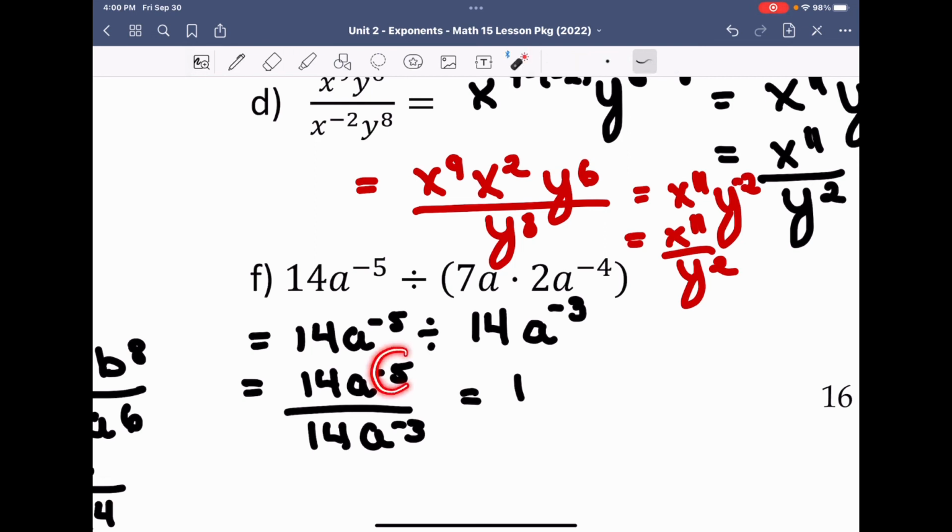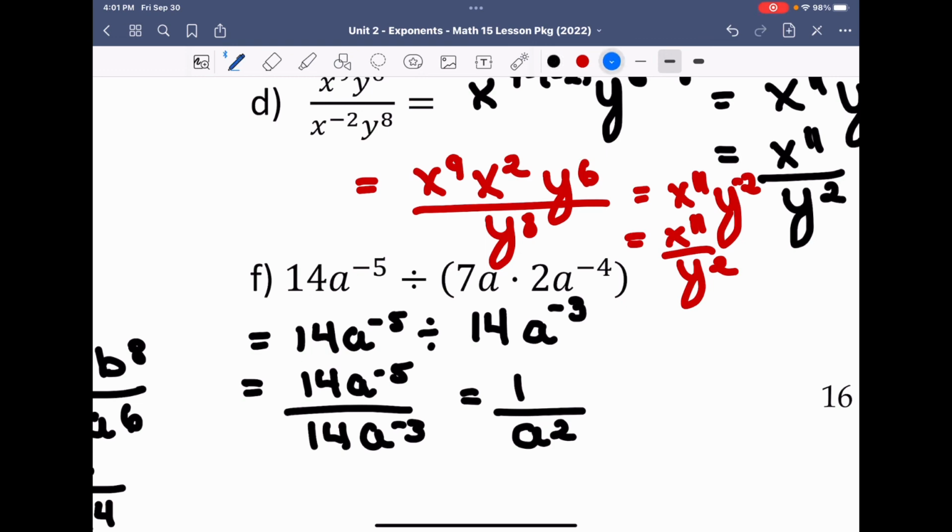Is it a to the negative 5 or is it a to the negative 3? And what you should be thinking is, oh, well, negative 3 is closer to 0 than negative 5 is. So where are my a's going to belong? They're going to belong in the denominator. And then I'm thinking, what is the difference between negative 5 and negative 3? The difference between those numbers is 2. So therefore, I can say I have 1 over a to the 2.